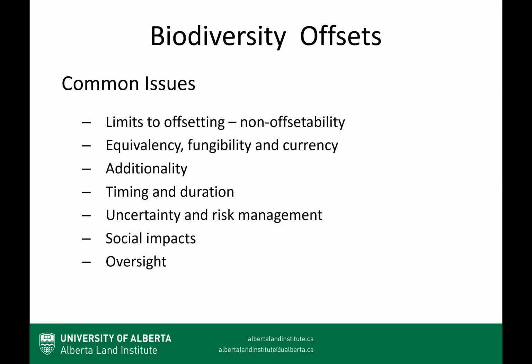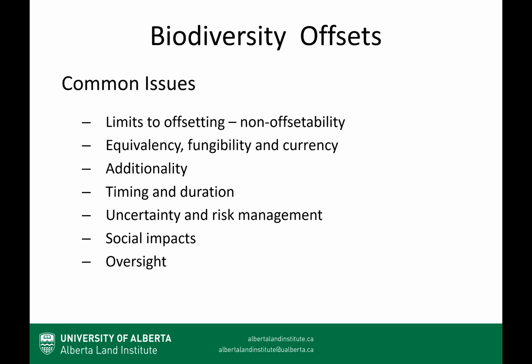Overlying this whole area is the question of uncertainty. As I said, offsetting in virtually all cases has some element of risk of failure, either because of unforeseen elements of the environment, or because of human error, or in rare cases, human fraud, frankly.